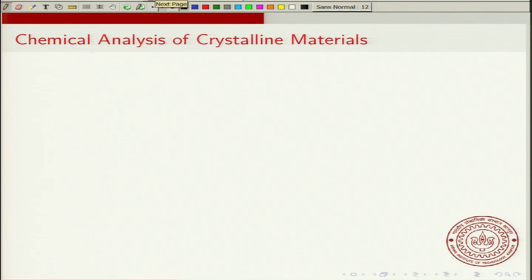The general philosophy of chemical analysis of crystalline compounds is the following. When you want to identify a crystalline compound or analyze it, what are the things you need to do? The first thing you need to know is the composition of the compound: what it is composed of, what the elements are, and if there are some important organic functional groups, what they are.